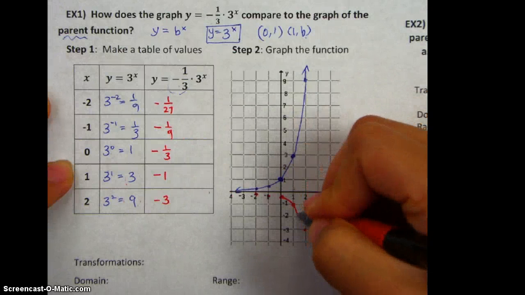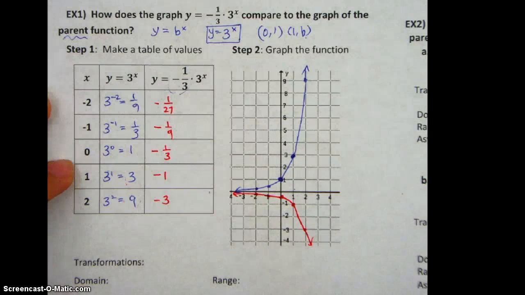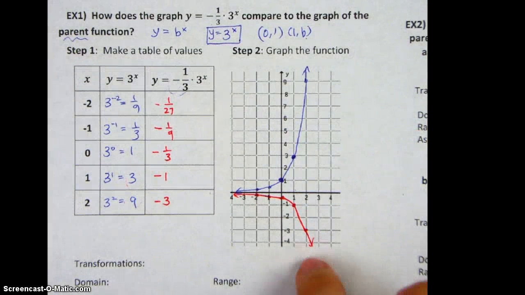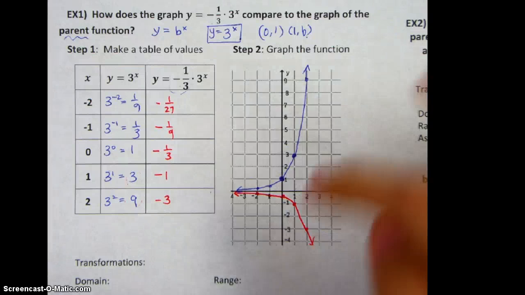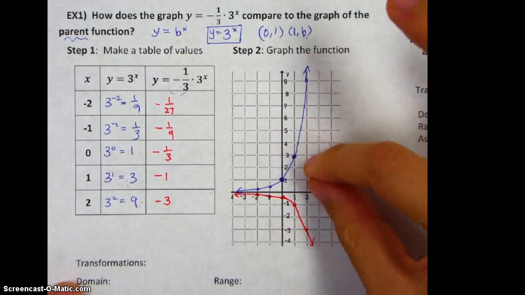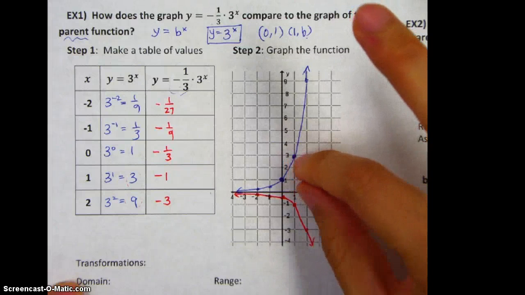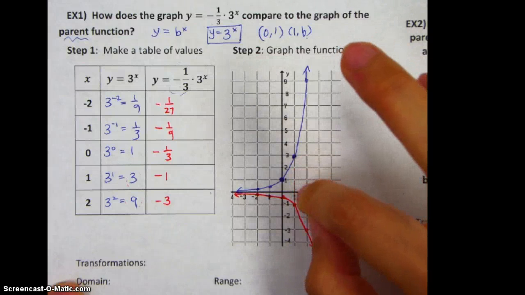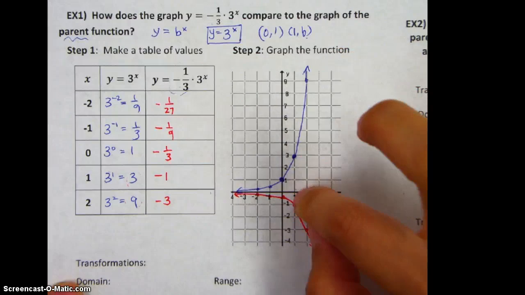And if I connect these points, I'll get a nice curve, the red curve. If I compare the red graph to the blue graph, we see there are two transformations going on. First, the blue graph has been shrunk vertically. See how the distance from this point to that line, which is 3 units, has been shrunk to just 1 unit from here to here.